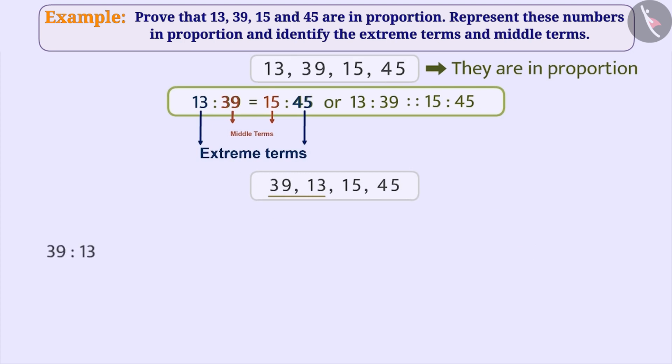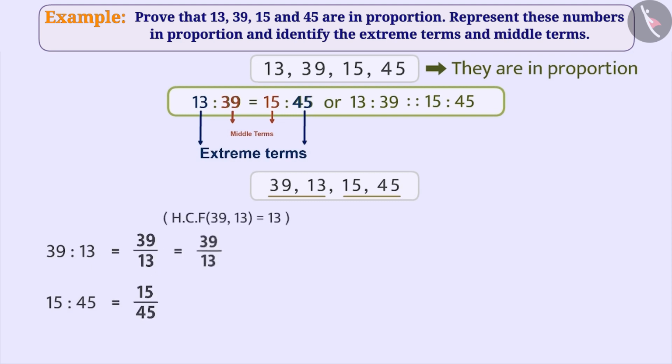Then the ratio of the first two terms will be 39 is to 13, which means 39 by 13. And the ratio of the other two terms, 15 is to 45 or 15 by 45. The HCF of 39 and 13 is 13. After dividing the numerator and denominator of 39 by 13 with 13, we get the simplest form of the fraction, 3 by 1. Similarly, the HCF of the numerator and the denominator of 15 by 45 is 15.